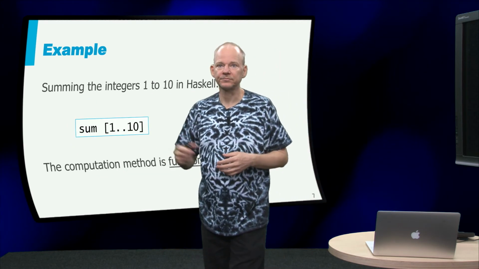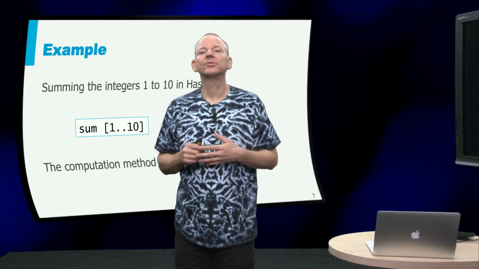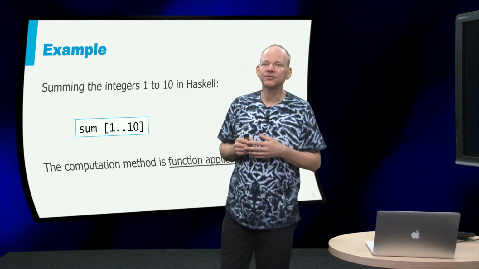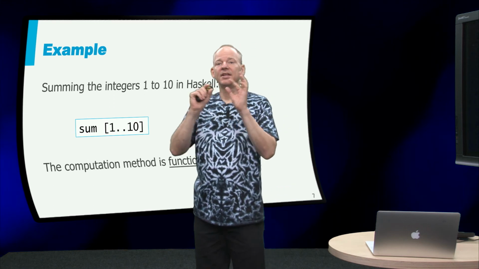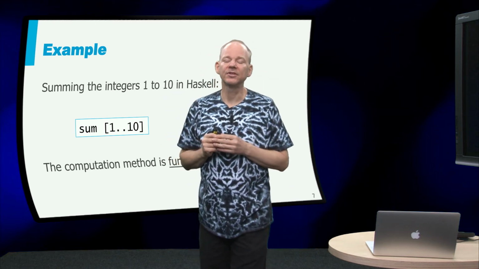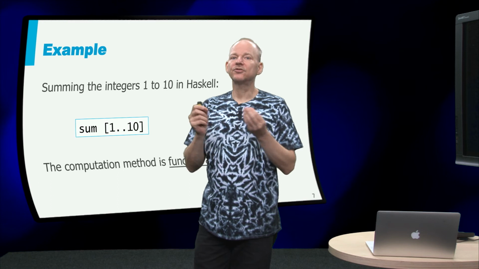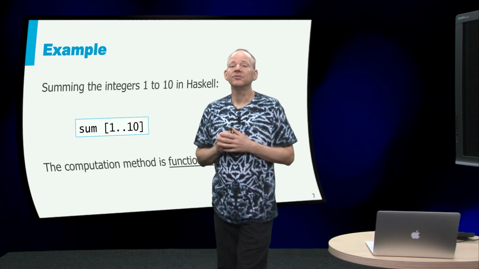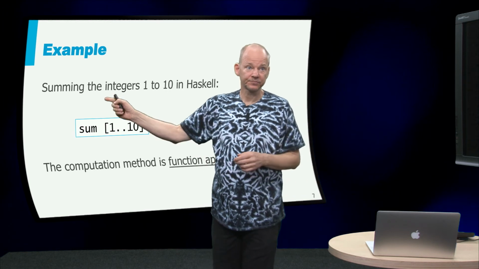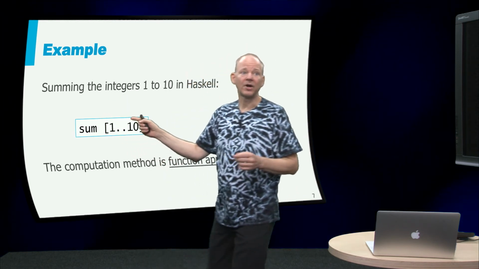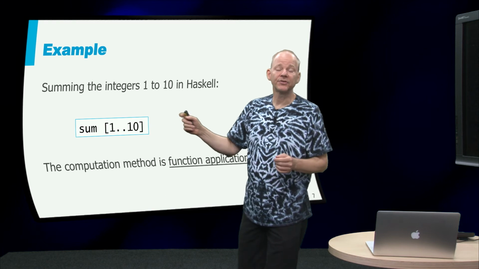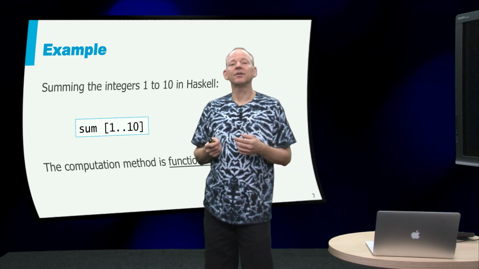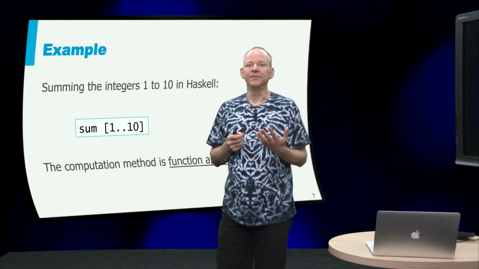Now here is how you would write that same program in Haskell. The first thing you see is that it's much more concise, but the other thing is that there are no statements, it's just two expressions. The expression you see here on the right, 1..10, creates a list of the integers from 1 to 10.